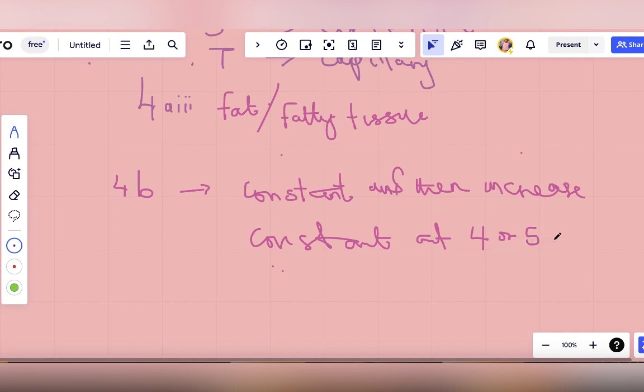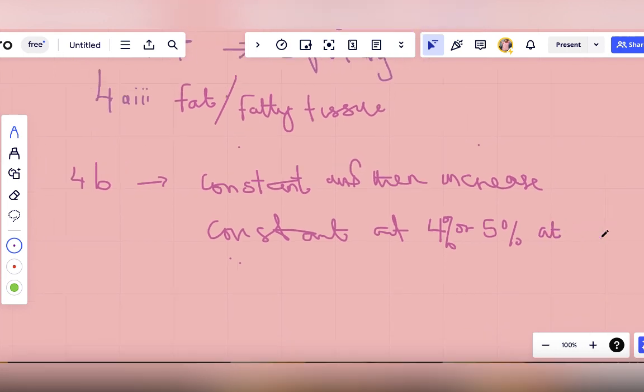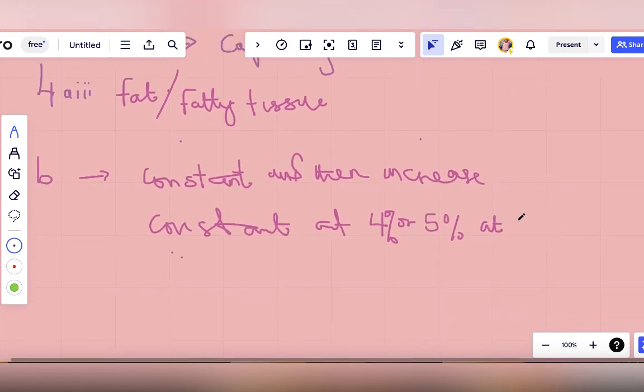What's the unit of the flow? They're using percentage. Okay, 4 or 5%. So 4 or 5 at what temperature? We write the temperature at 25 degrees Celsius. The blood flow was constant at this flow rate and at this temperature, 25 degrees Celsius.